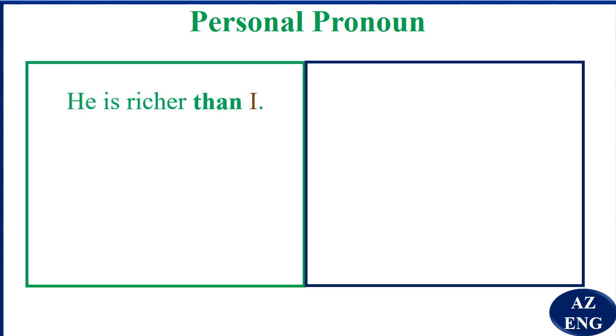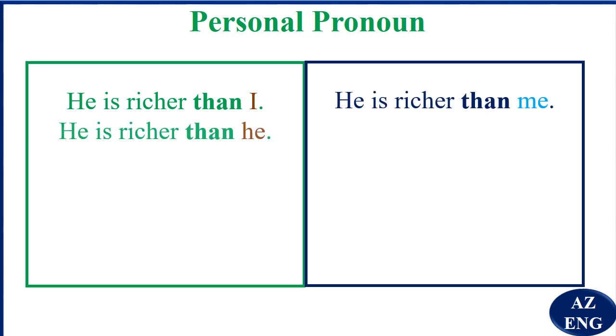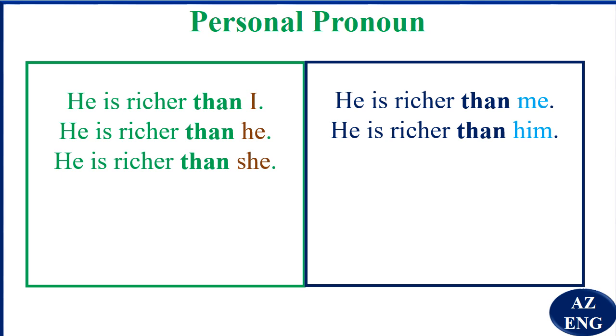So for example, do you say he is richer than I? Or he is richer than me? He is richer than he? Or he is richer than him? He is richer than she? Or he is richer than her?